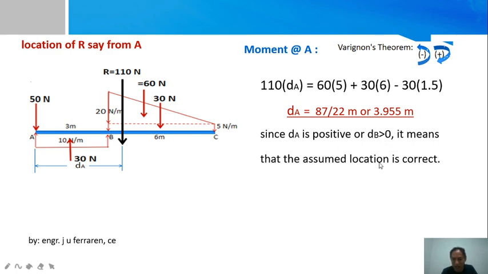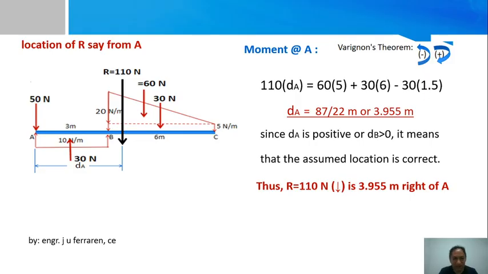It means that the assumed location is correct, so it is to the right of A because it is plus, and that is our assumption. Thus your R, having a magnitude of 110 acting downward, is 3.955 right of A.